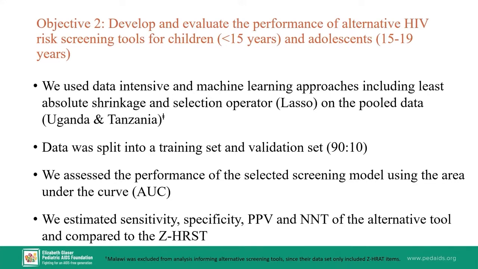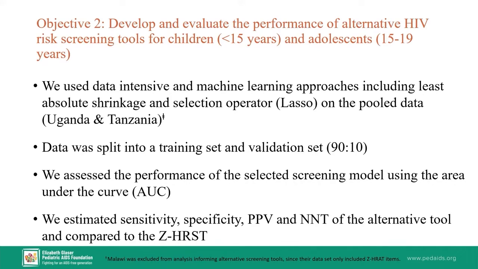Data was split into a training set and a validation set in the ratio of about 90 to 10%. And then we assessed the performance of the selected screening model using the area under the curve. Now, the area under the curve summarizes how well a tool discriminates between truly HIV-infected and uninfected children.